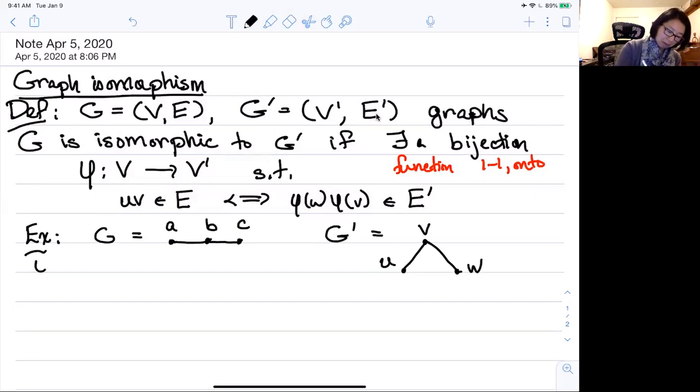Well, we can define a function from the vertex set of G to the vertex set of G prime.